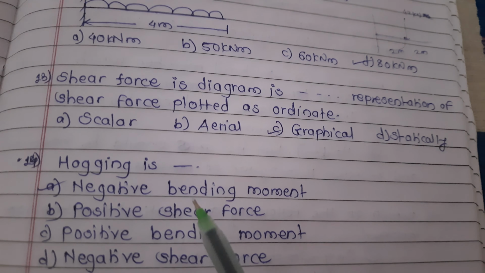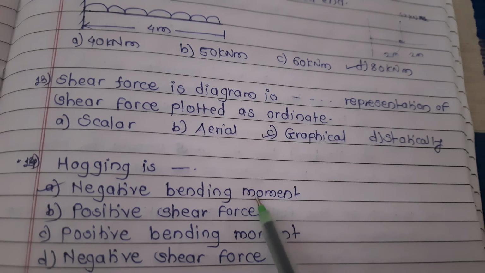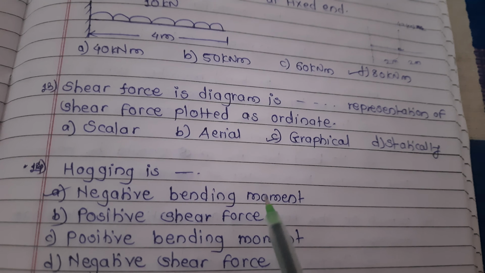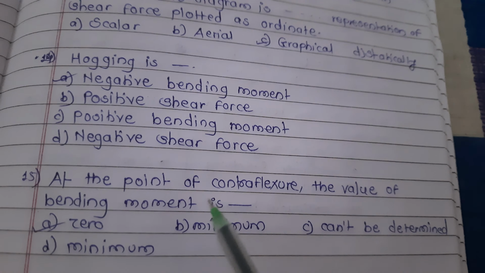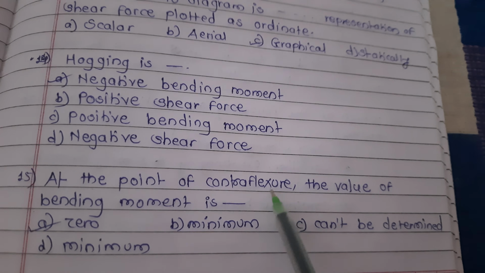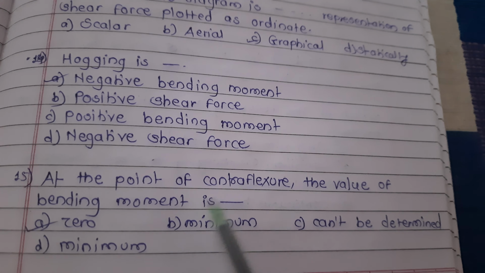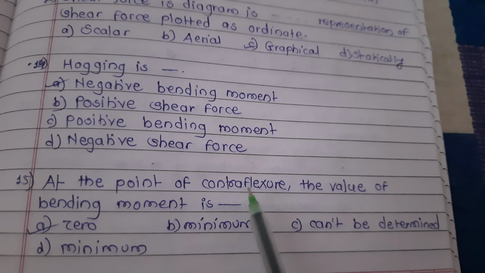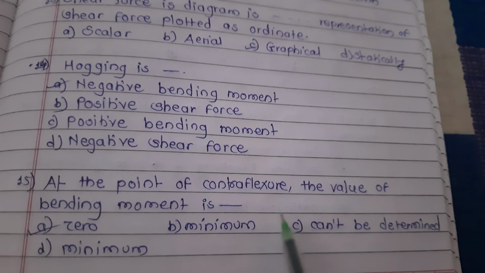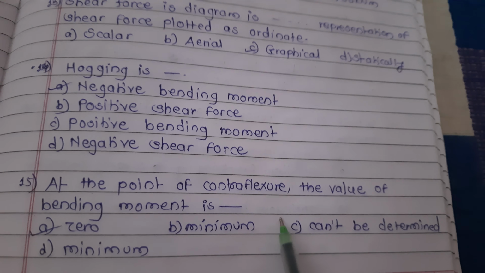Hogging is negative bending moment, whereas sagging is positive bending moment. At the point of contraflexure, the value of bending moment is 0, because at the point of contraflexure, the bending moment changes its sign from positive to negative or negative to positive.